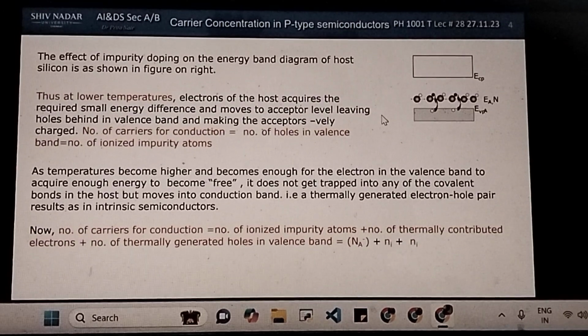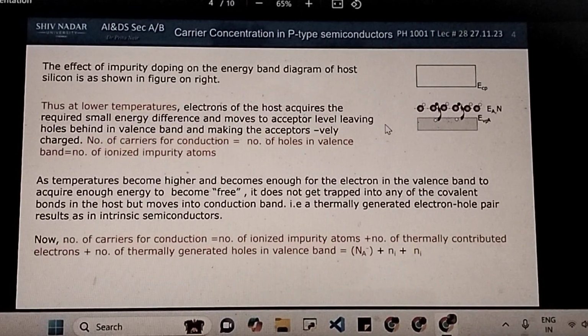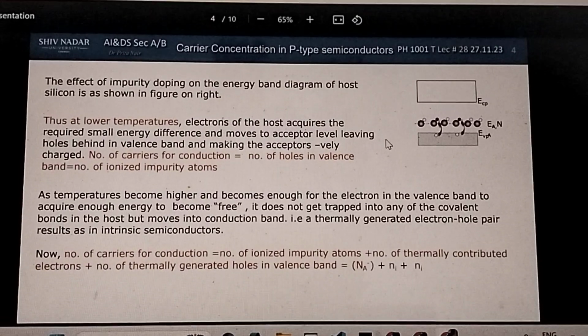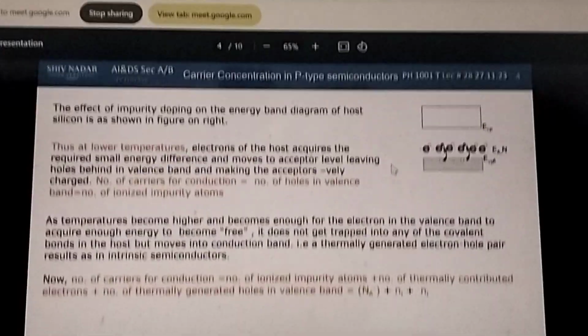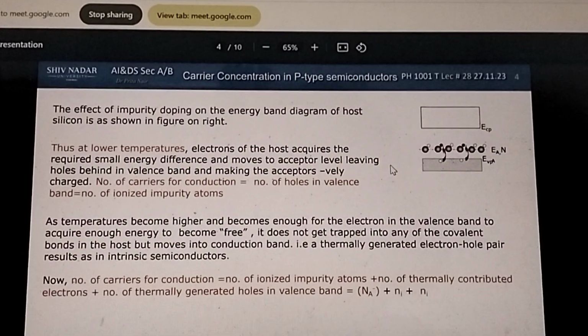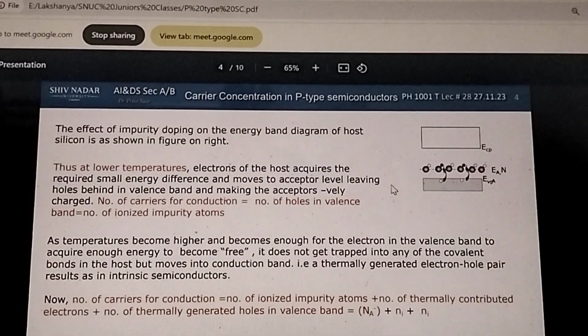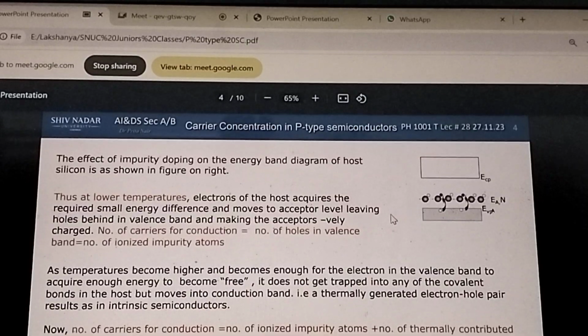This was again what we studied in the case of n-type also. In the n-type, first your donor atoms will each contribute one electron to the conduction band. Once all the donor atoms have been ionized, the material starts behaving like a normal intrinsic semiconductor, where the silicon loses an electron and a corresponding hole is created.